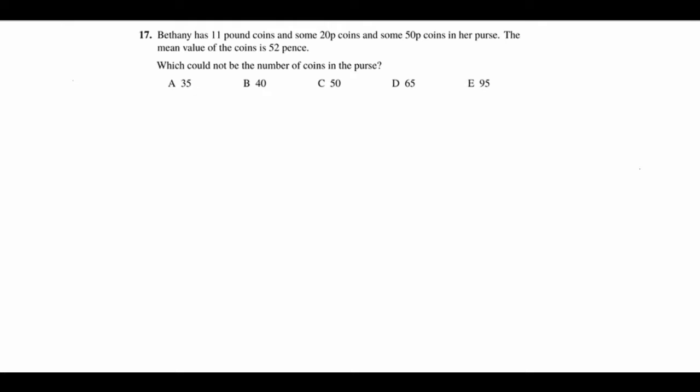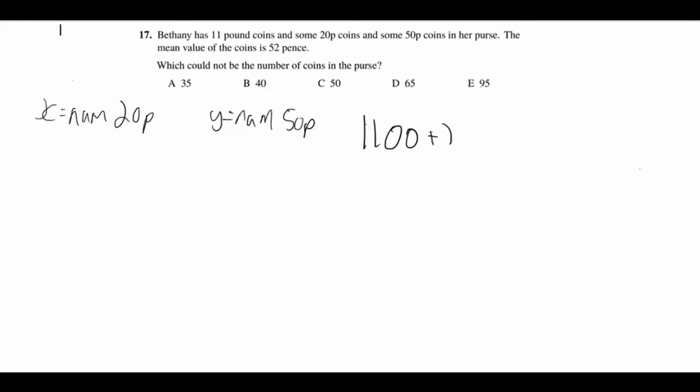So if we let the number of 20p coins equal x, and the number of 50p coins in her purse equal y, so x equals num 20p, and y is equal to num 50p, then we can set up the equation: 1,100, because the £11 coins will add up to 1,100 pence, plus 20x plus 50y, divided by the number of coins she has, so 11 plus x plus y, is equal to 52.